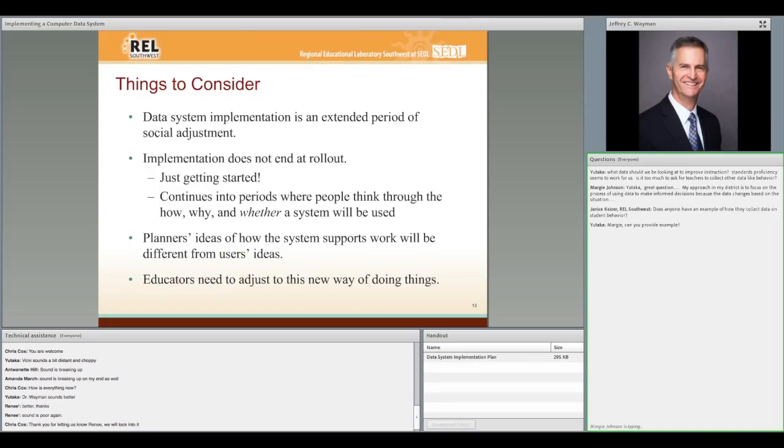And what the implementation literature tells us, what the ed tech literature tells us, and what the organizational literature tells us, is that people are going to find their own ways to use these things. They're going to have ideas that are different from planners' ideas. The truth is that they're going to have to adjust to this new way of doing things. And so you need to be right there with them as they are adjusting. You need to be hearing what they're saying. You need to be adjusting your implementation accordingly.